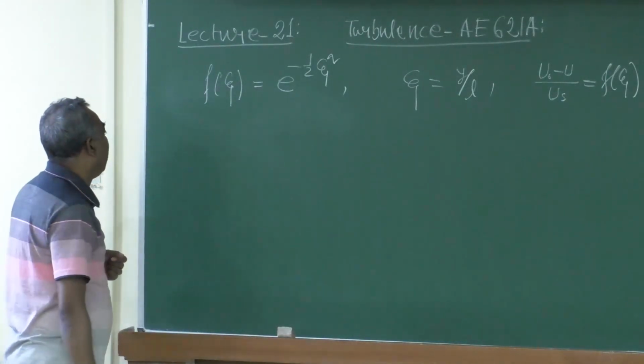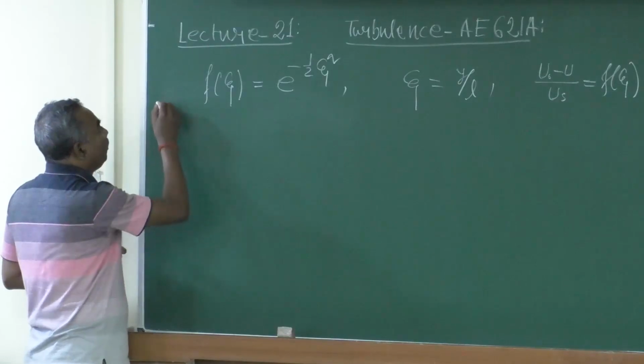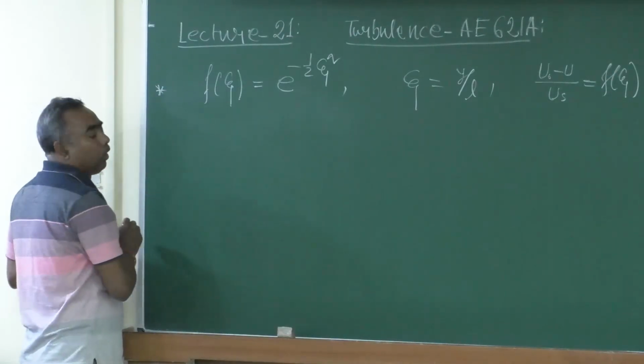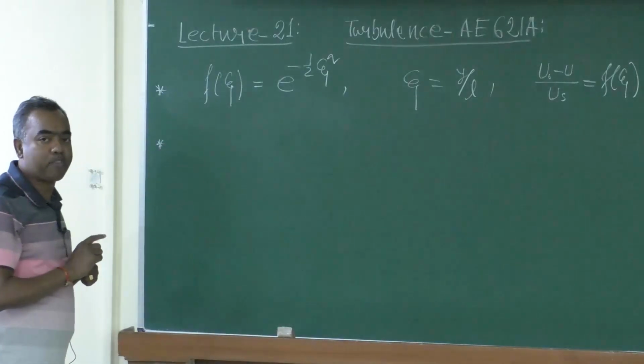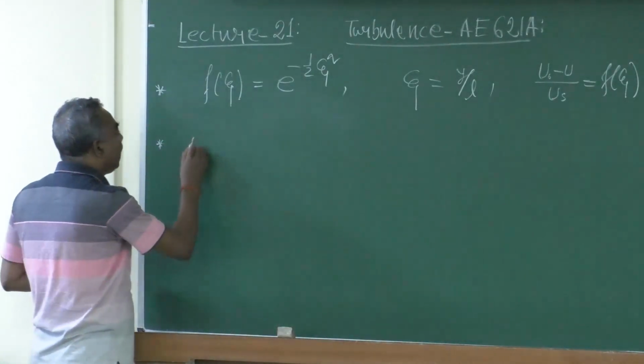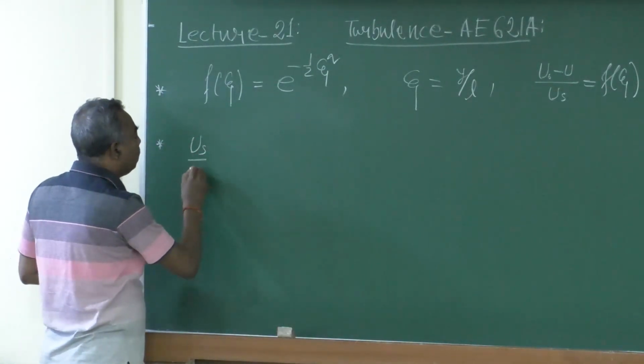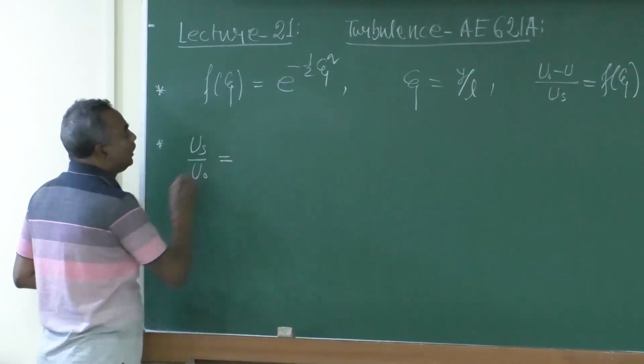And along with this we also found another two relations, if you can remember. So, this is the first solution we have got, and for the self preserving wake we also found how us will vary with respect to downstream distance.